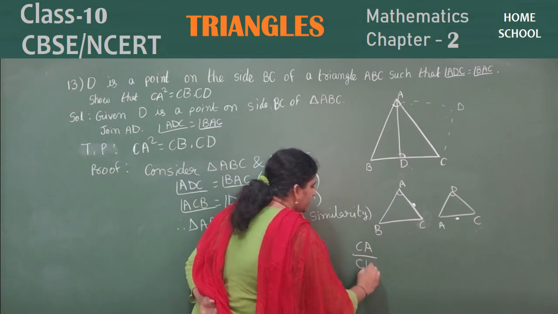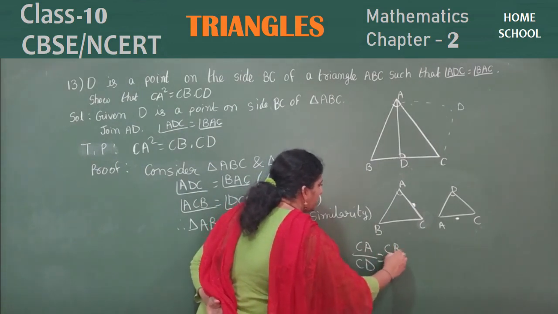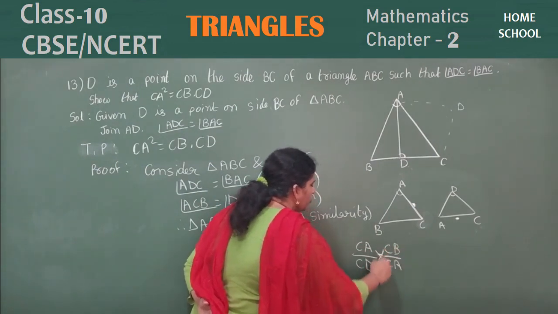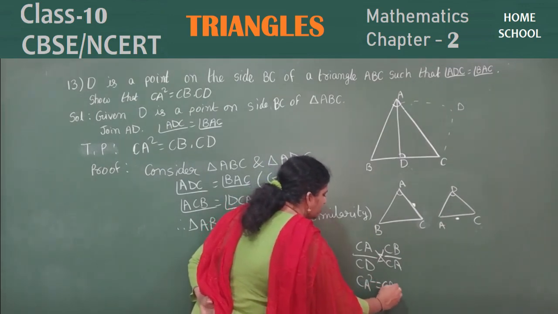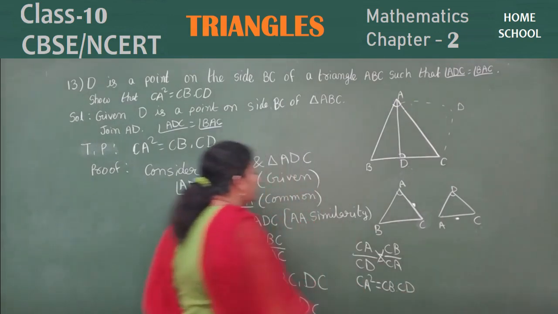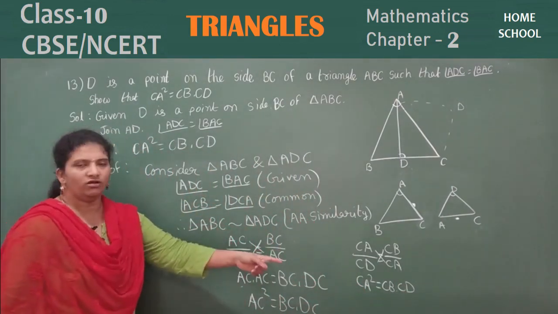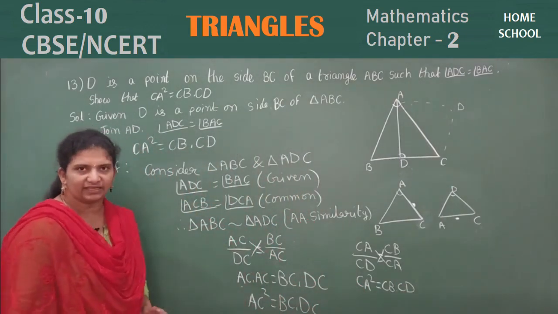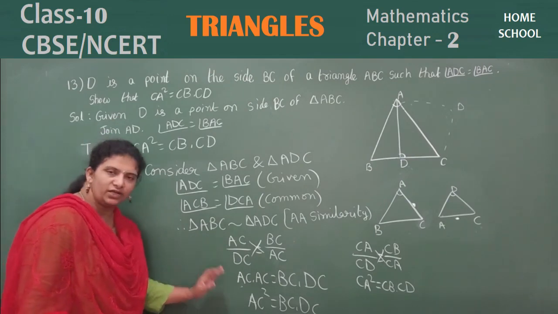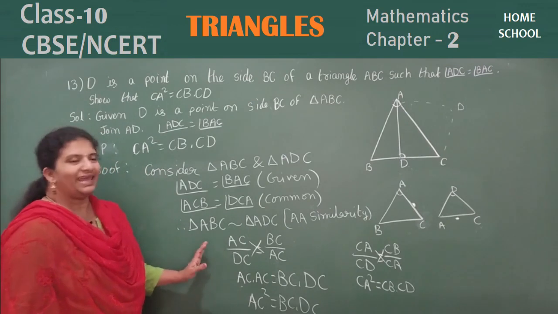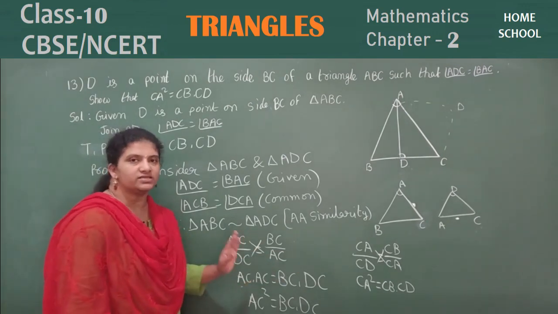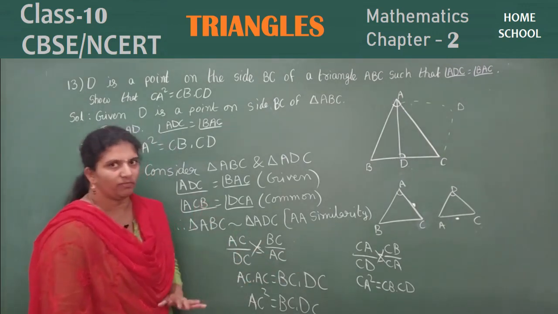CA by CD is equal to CB by CA. Now cross multiply: CA into CA, CA square is equal to CB into CD. See, you got the same. Both answers are correct. Some children will do it like this and feel they have done something wrong. Any way you can do it, children, this is the way we do this type of problems.